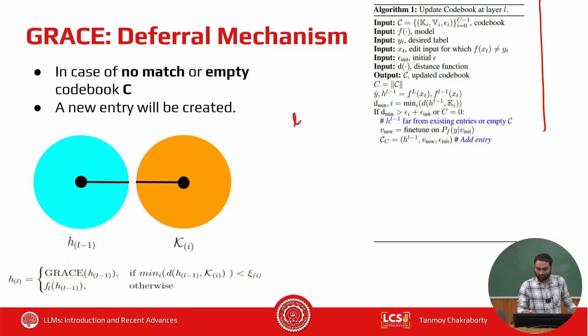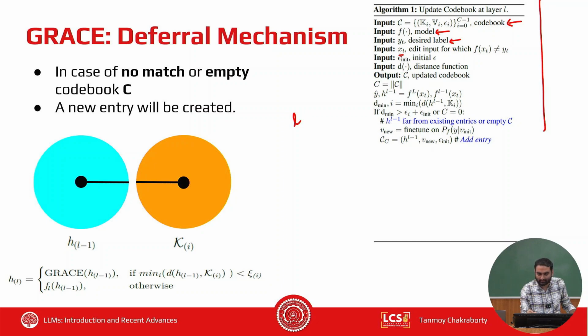Okay, so this is the codebook memory that we want to add the adapter to. This is my model f. What is y_t? y_t is the desired output, Joe Biden. What is x_t? x_t is the input, the president of the US.